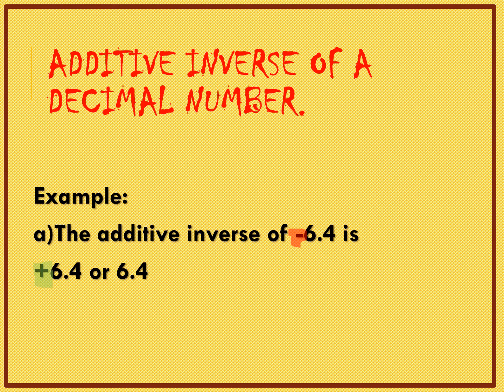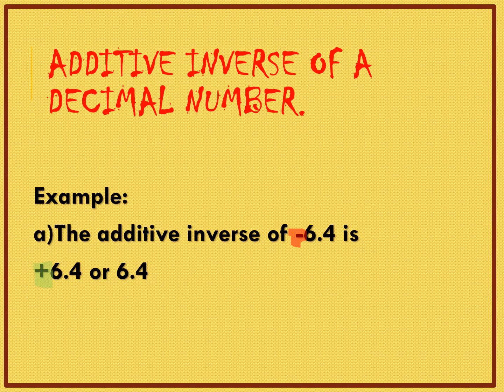Let's quickly revise additive inverse once again. Inverse just means opposite. So in additive inverse, you just have to find out the opposite of whatever is given. If plus is given, you will convert it into minus. If minus is given, you will convert it into plus.